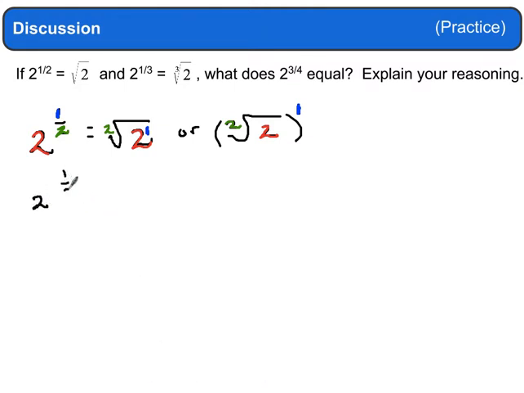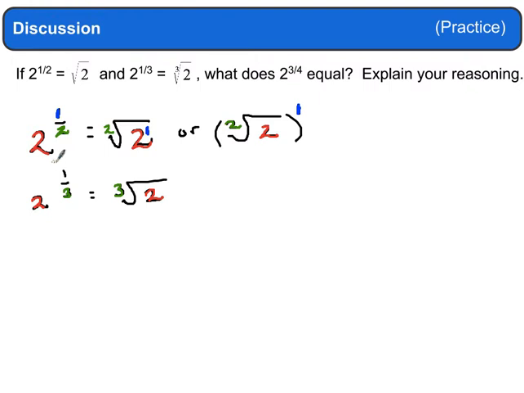So I like this one better because you can see where the numbers go. So you've got a cube root of a 3 and a 2. And so this 2 here matches this 2. This 3 matches this 3 here.